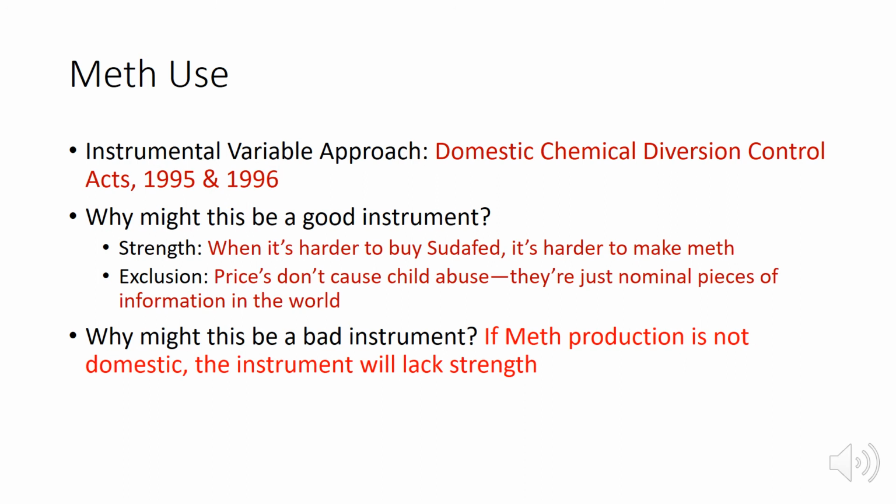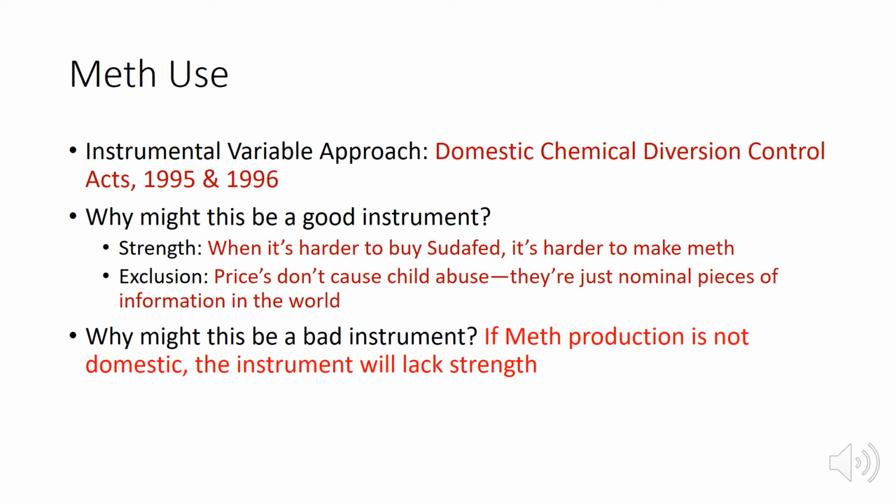So when you make it harder to buy Sudafed, it's harder to make meth. This makes the price go up. The Domestic Chemical Diversion Control Acts of 1995 and 1996, which made it harder to buy cold medicine, also made it harder to make meth, drove the price of meth up. But we think this might be an exclusive instrument because price doesn't cause child abuse in and of itself, we hope. It's just a piece of information about the world around us, about the relative scarcity of meth.